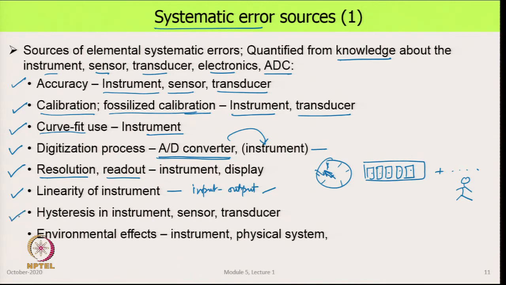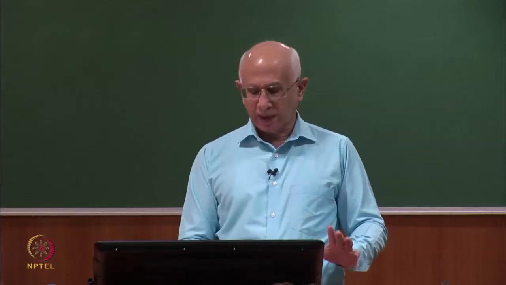The next source of error is hysteresis. Hysteresis is what you have learnt in school, magnetic hysteresis. It also happens when materials are stressed and strained. It is the same phenomenon on which many sensors and transducers are based.